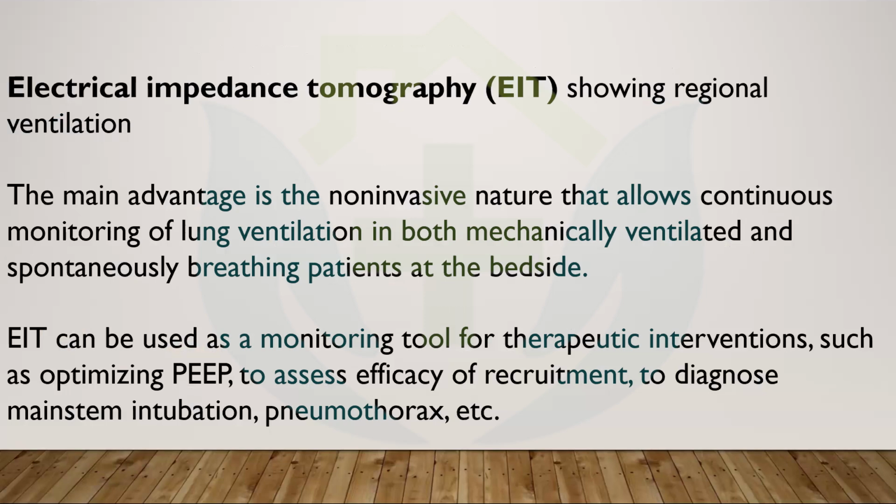The advantages are its non-invasive nature, which allows continuous monitoring of lung ventilation in both mechanically and spontaneously ventilated patients. It is a tool for therapeutic intervention, such as optimizing the PEEP. Once you get the findings, if the PEEP is not optimal, you can optimize it, assess the efficacy of recruitment, and diagnose mainstem intubation and pneumothorax, etc.